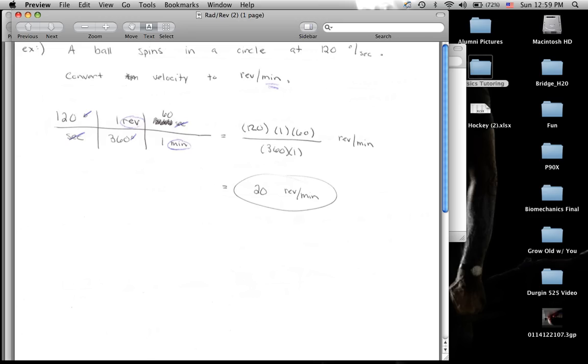So I'll use 60 seconds over 1 minute. Why do I write seconds on top and minutes on bottom? So that the seconds cancel. And now what am I left with? Unit-wise, I'm left with revolutions over minutes. To get my magnitude, I'll multiply 120 times 1 times 60 divided by 360 times 1, and that comes down to 20 revolutions per minute.